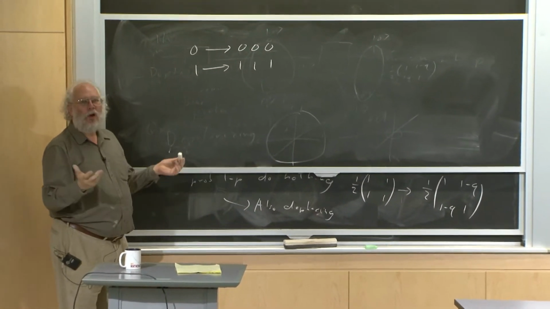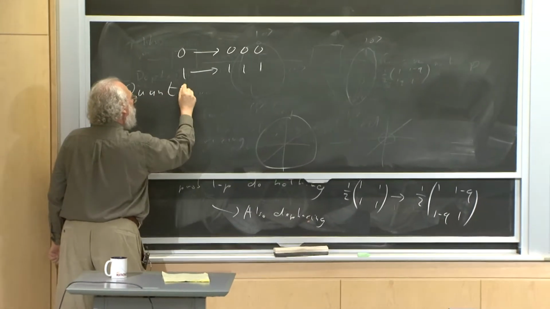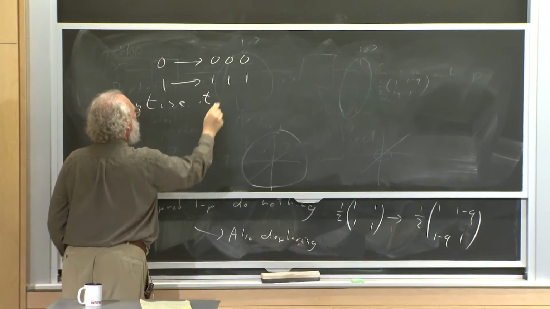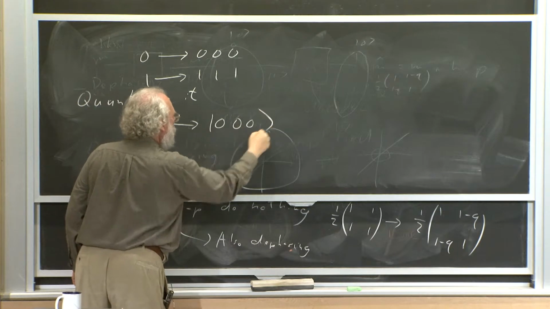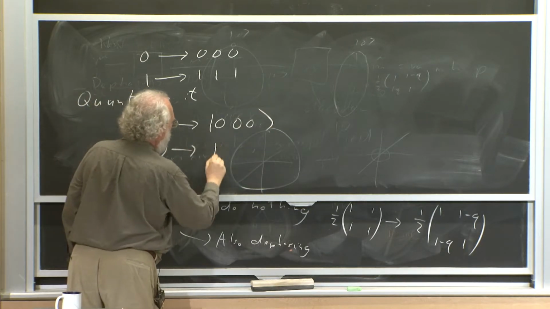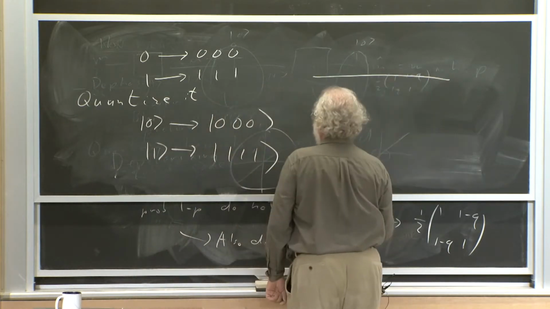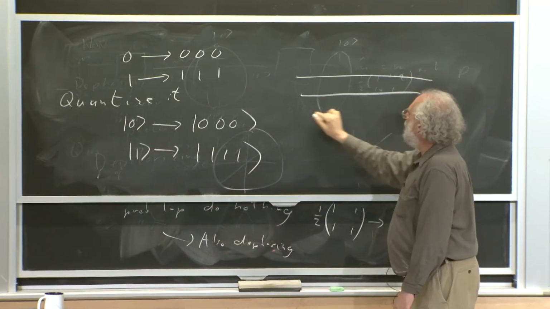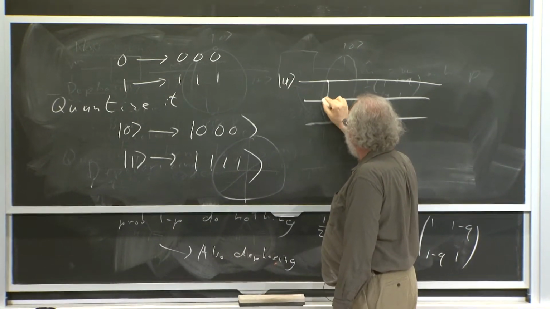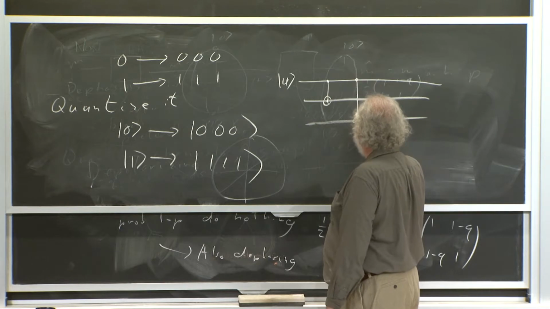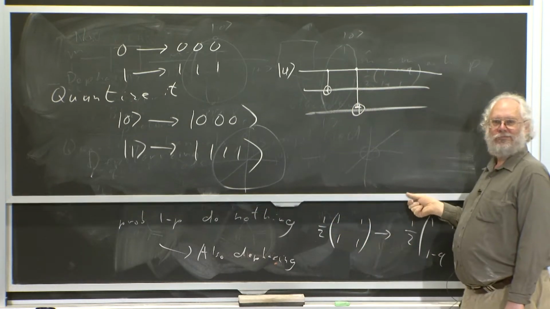Well, let's try to quantize it. 0 goes to 0, 0, 0. 1 goes to 1, 1, 1. And I can write a circuit diagram for that.